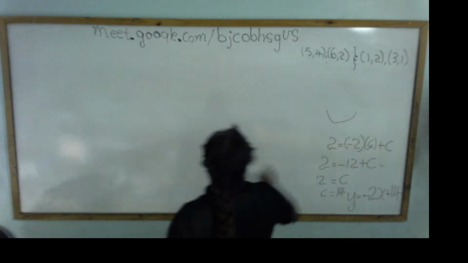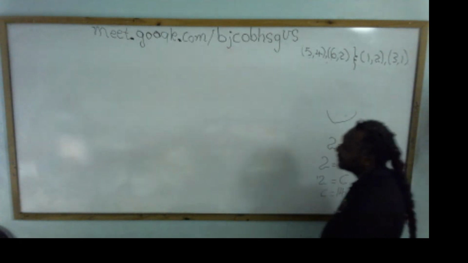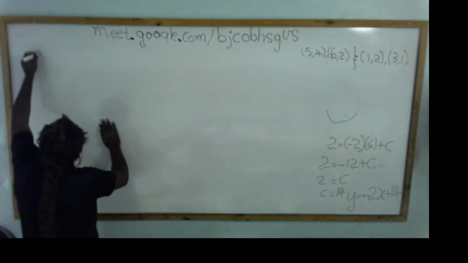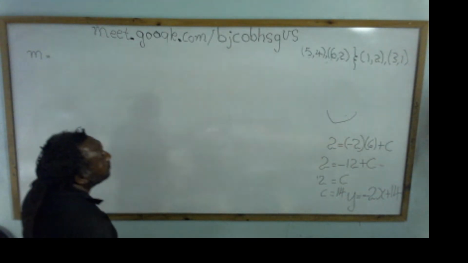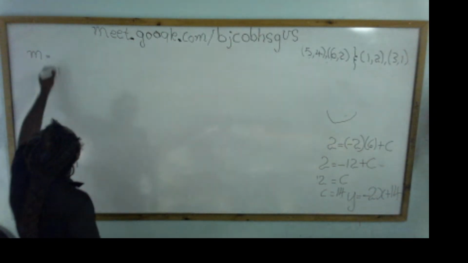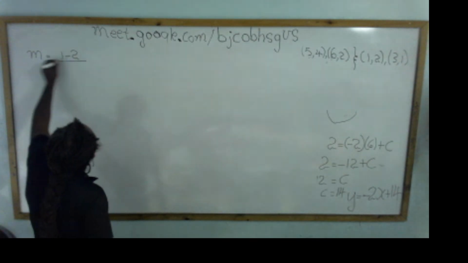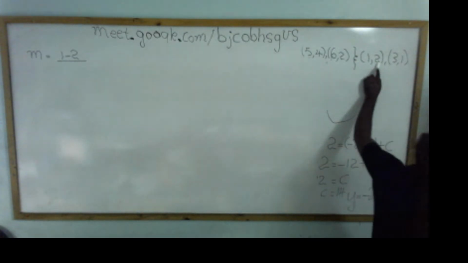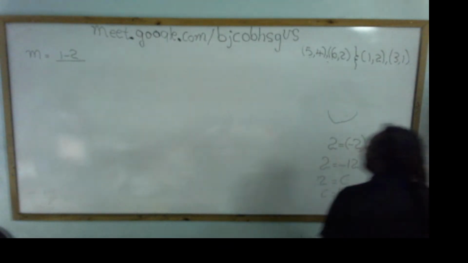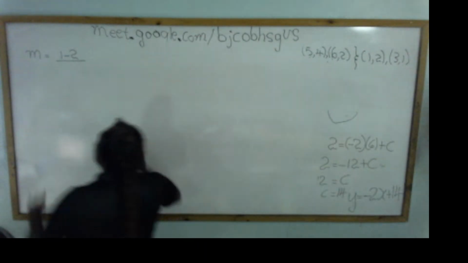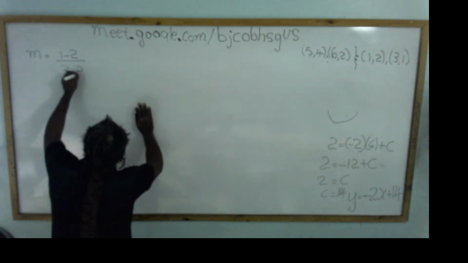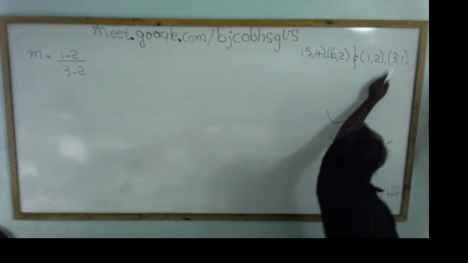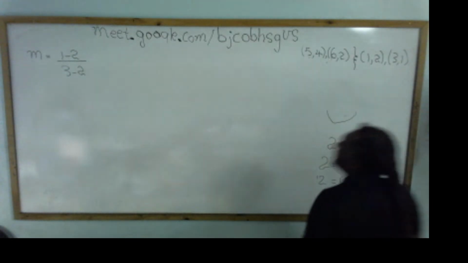Let's go. These 2 points. Gradient: m is equal to y2 minus y1, 1 minus 2, over x2 minus x1, where x1 is 1.